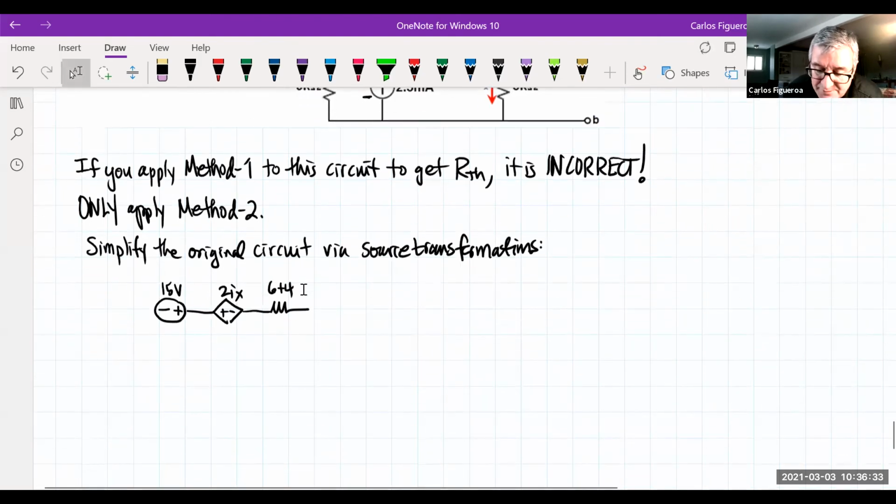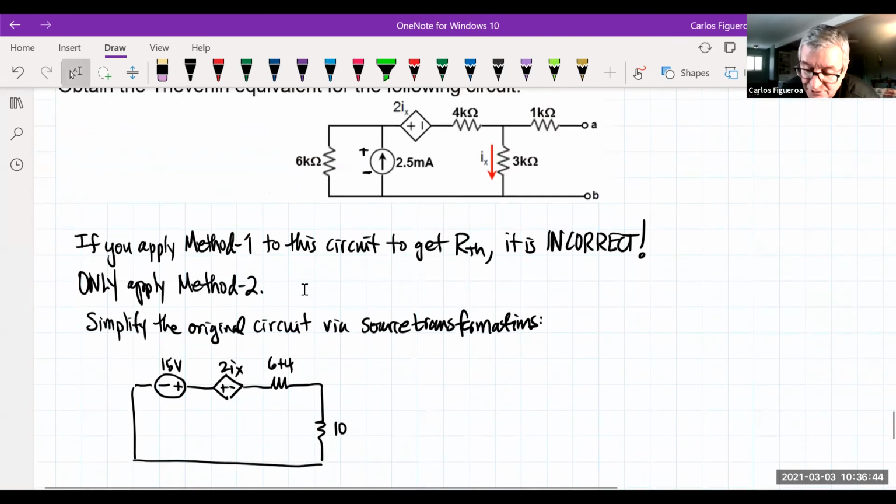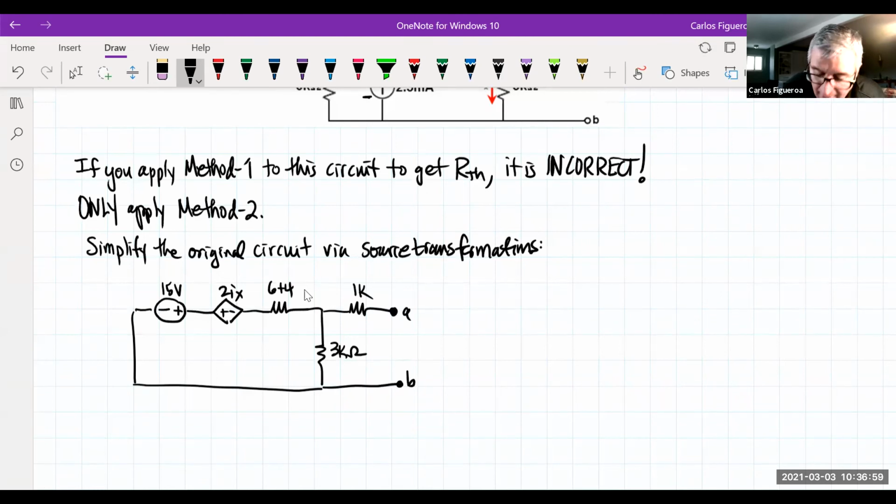Then what I'm seeing is that I have a circuit that looks like this now. Is that a 10? No, it's a 3K. And then I have a 1K. And that's my circuit.